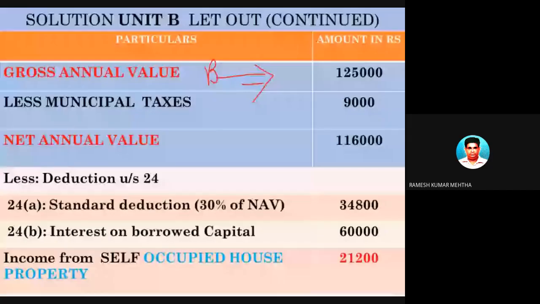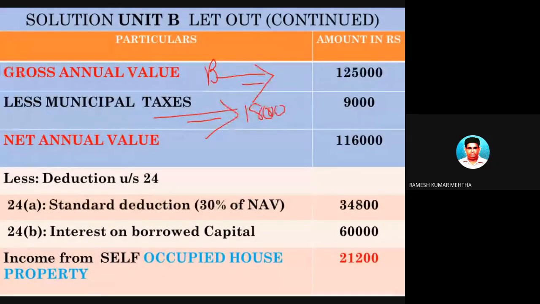Now, after you have found the gross annual value of the house property of B, we have to find out income from house property. The gross annual value of the house property is 1,25,000 rupees as far as unit B is concerned. Municipal taxes: for the whole house property, the municipal taxes were 18,000 rupees, paid by the owner.